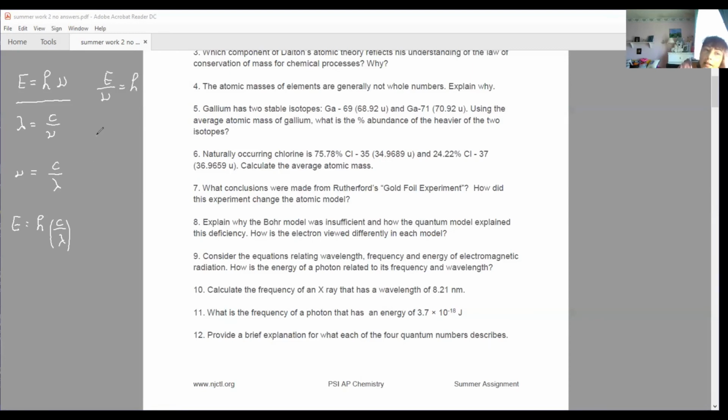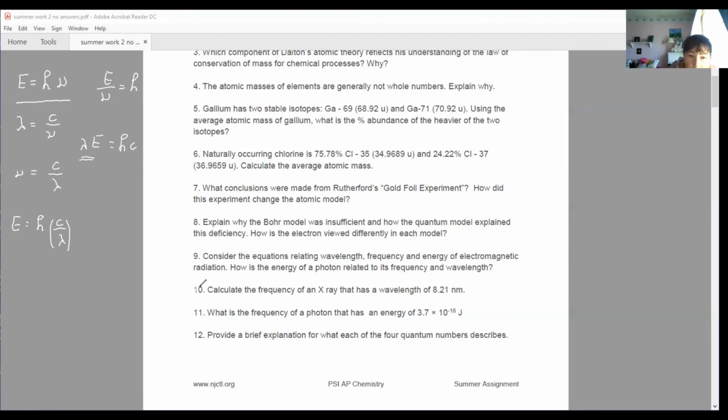And instead, E times lambda is equal to hc. So those are inversely related.